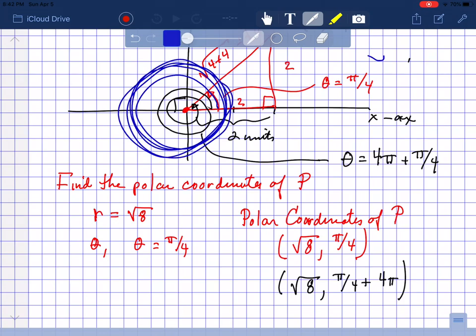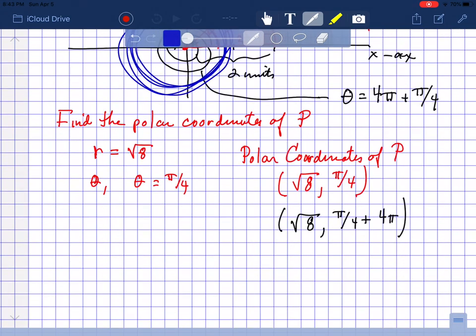I could go around this thing many times, as many times as I wanted. So I could keep on spiraling around here and then come back here like that. And if I measure that angle, that's going to give me an angle theta, which measures the angle between the x-axis and our radial line.